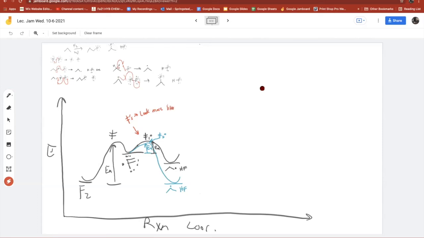Products or reactants? Like reactants, huh? Closer. They're closer to the reactants. You can see they're only like, boom, this far away from the reactants. The products are further in energy away, right? Okay, so more reactant-like.